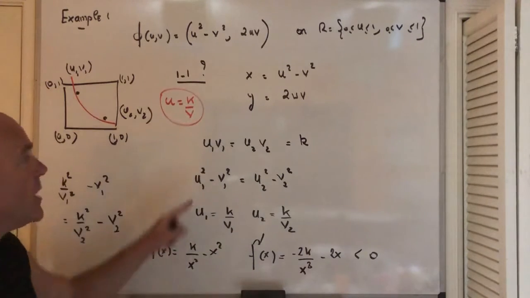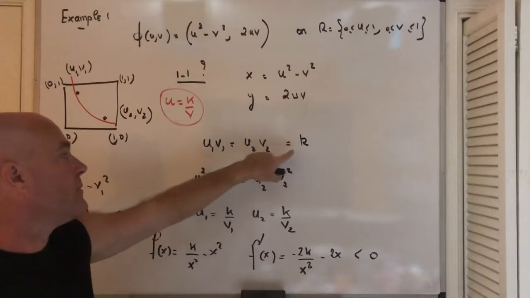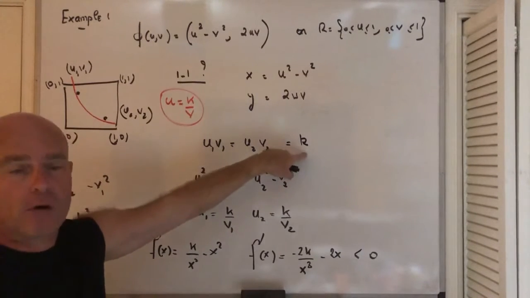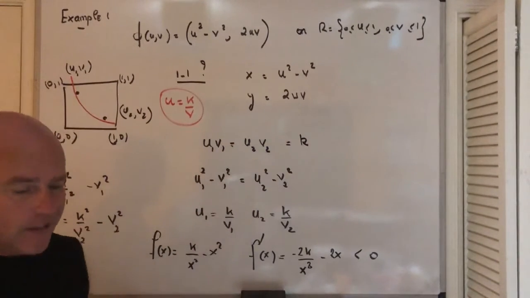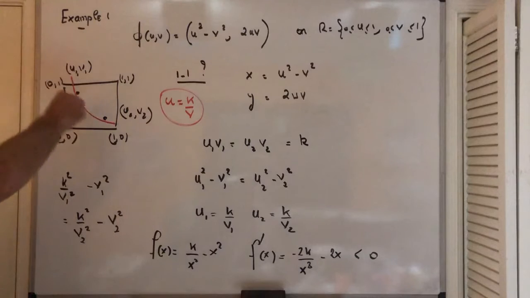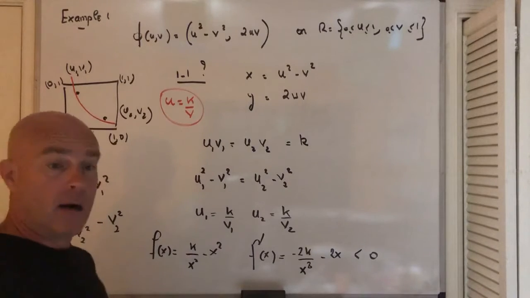That's what it says. So that's why we always have a relationship between (u1, v1) and (u2, v2). It says that the product of the first component and the second component is constant, is k. Or in other words, we sit on this hyperbola.